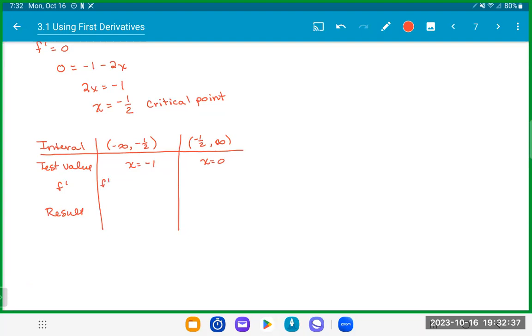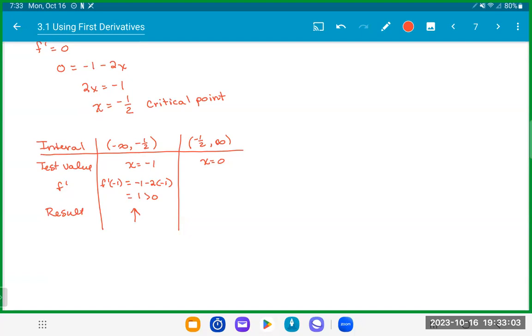So when I plug in, my derivative evaluated at -1 gives me -1 minus 2 times -1. So that will give me a +1, which is greater than 0. So that means I am increasing.